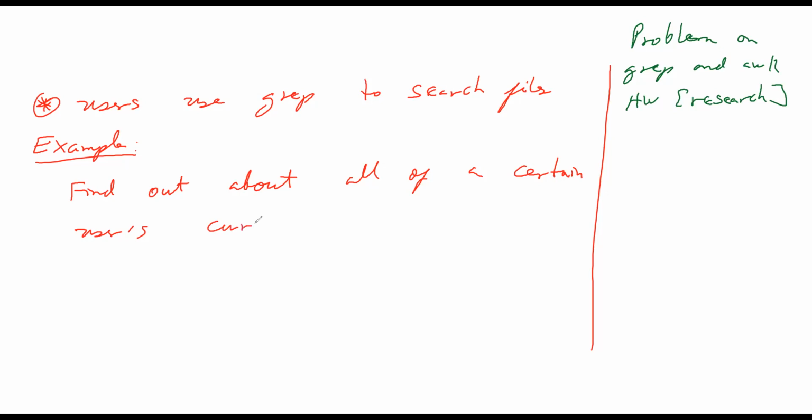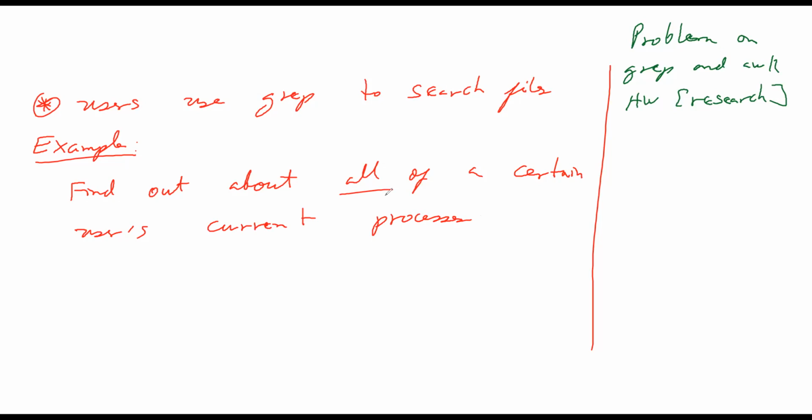So that's what you want to find out about, right? From all the processes that are running in the system, you want to know which processes are the ones that belong to a specific user.